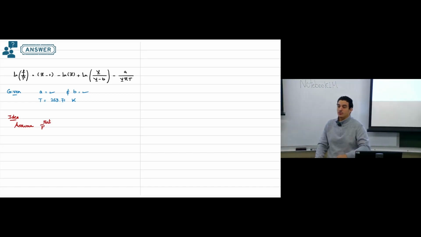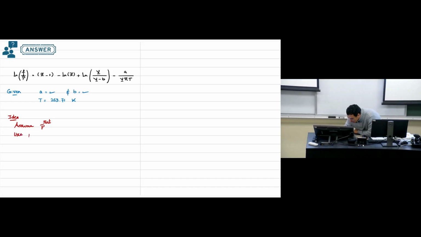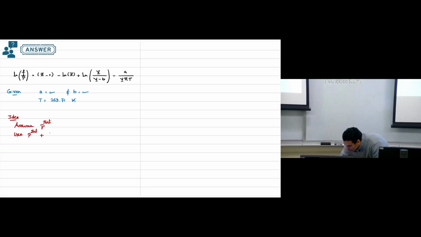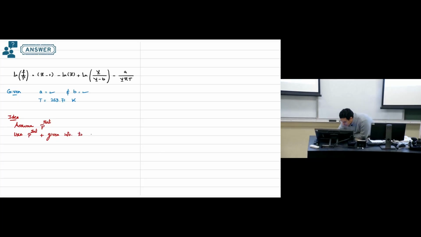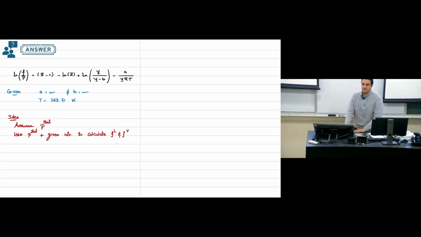Then use the value of the saturation pressure that you assumed plus the given information like temperature, parameter A, parameter B, to calculate fugacity for the liquid phase and fugacity for the vapor phase.